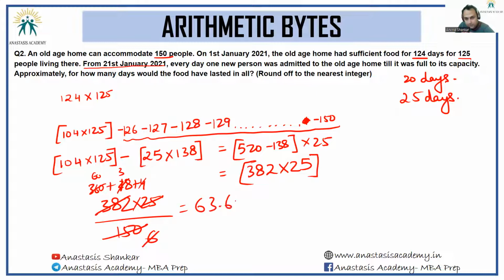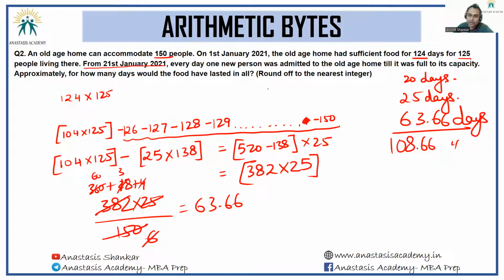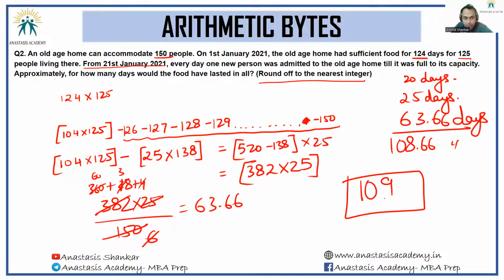So 63.66. Let me add up all the days for which the food will last. This turns out to be 108.66 days. The question had asked me to round off to the nearest integer. So the answer to the question should be 109. The nearest integer is 109.